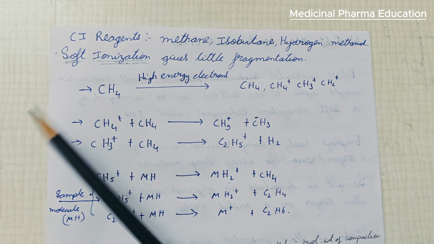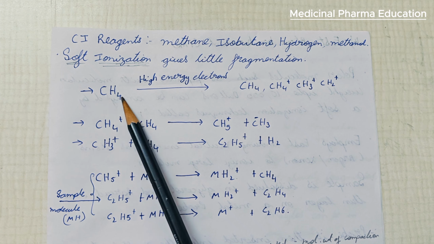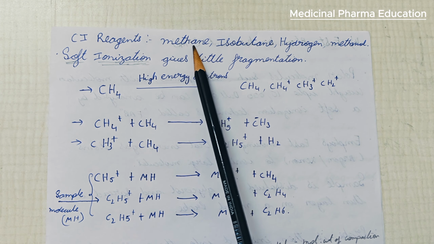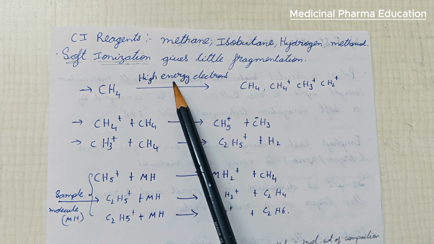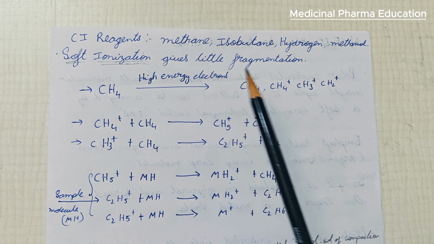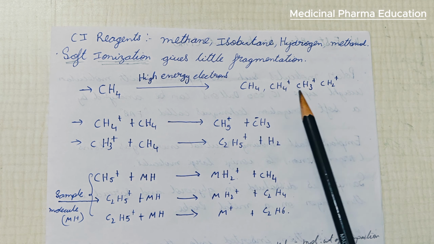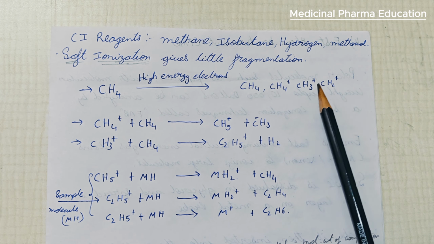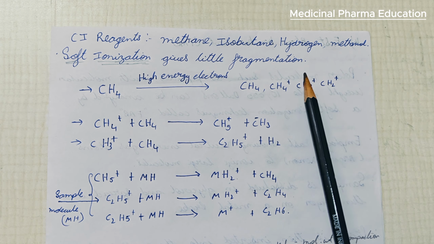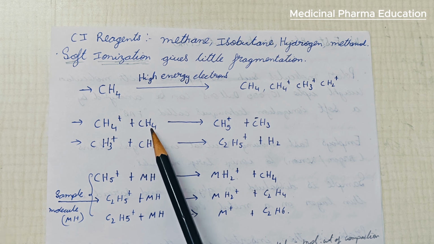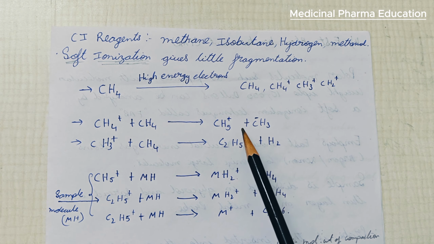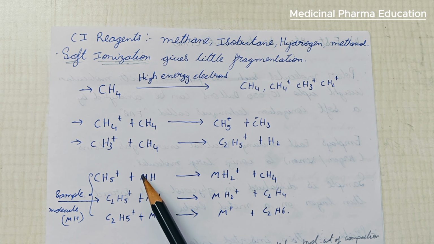For the first example, take methane as a reagent, which reacts with high energy electrons. When methane reacts with high energy electrons, many unstable fragments are formed, for example CH4 plus, CH3 plus, CH2 plus. These are unstable and react with another molecule of methane to form highly unstable molecules, ready to react with the analyte.